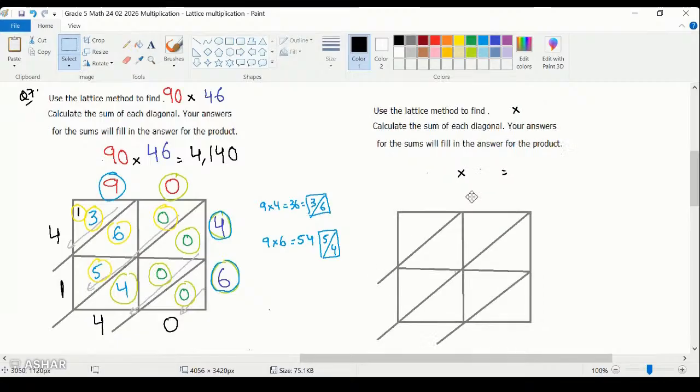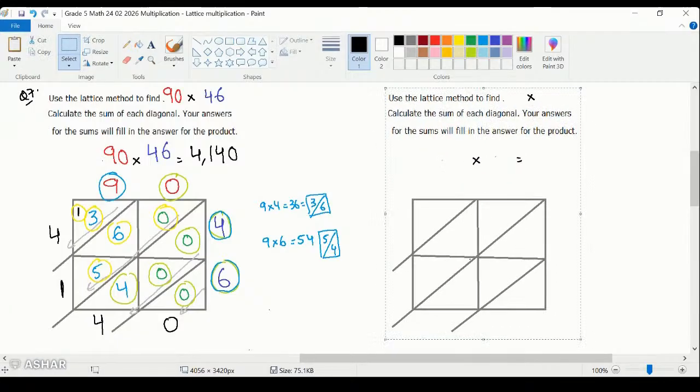Let's have a look at another example in which we say 83 is to be multiplied by, let's go for a larger number, 92. Okay, it should be a larger number. 83 multiplied by 92.